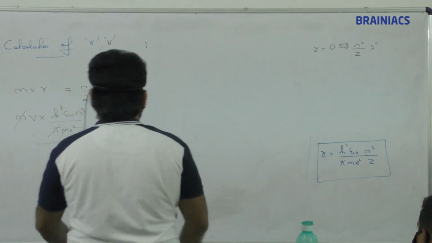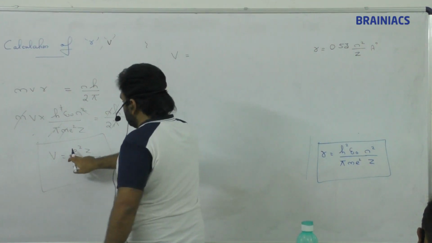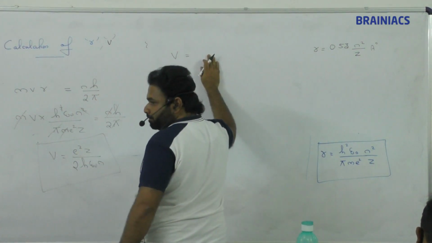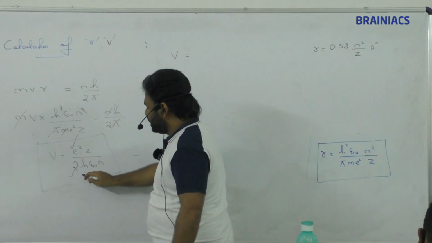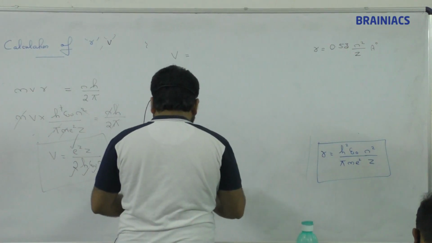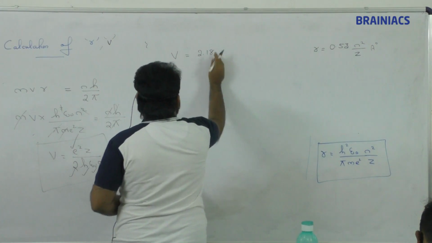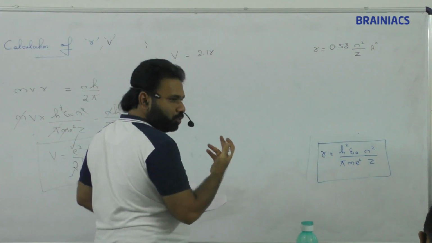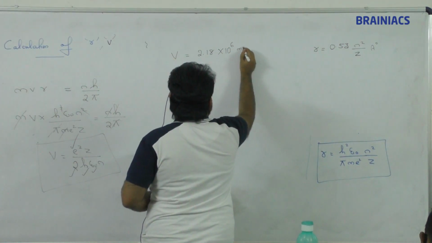Okay, right? So here velocity is equal to e square, which is constant, 2 is constant, h is constant, epsilon naught is constant. So solving all this, finally we will be getting 2.18, which you can write as 2.2 also nowadays, into 10 raised to 6 meter per second.